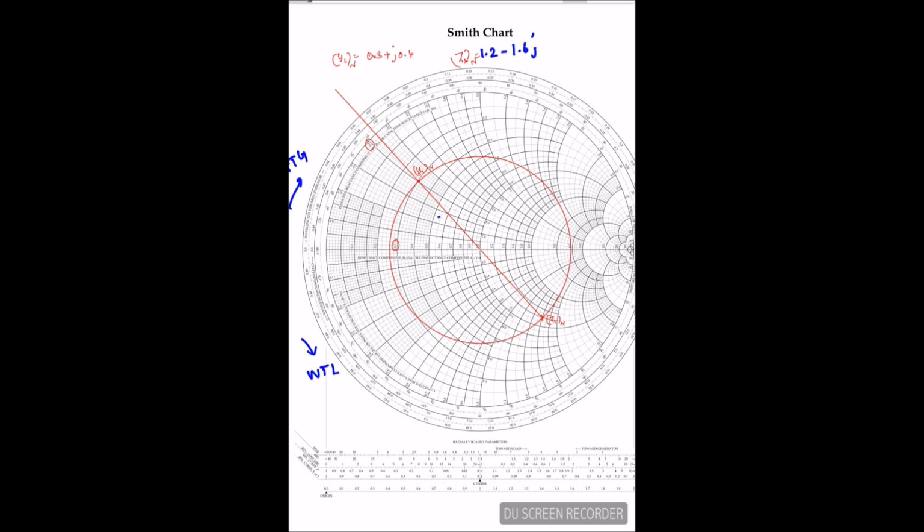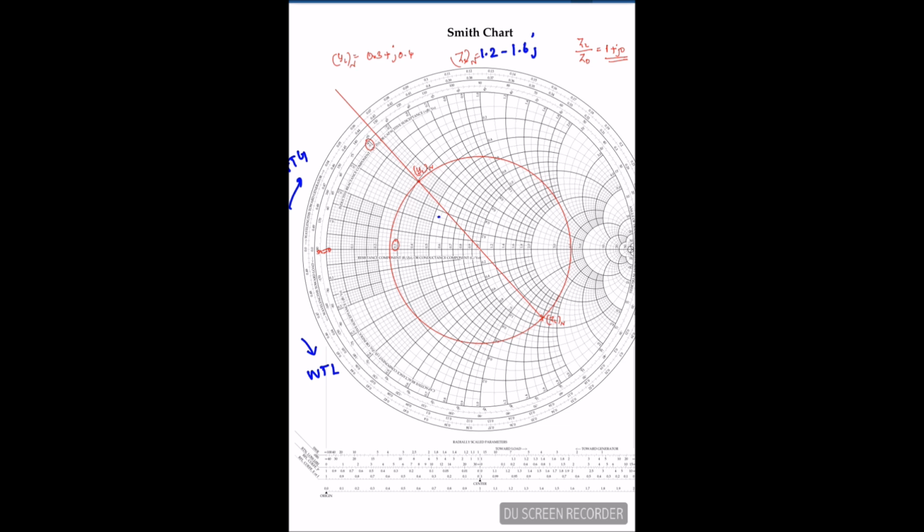You can verify that for any given Z0, if you take ZL by Z0, and ZL equals Z0, you always get the normalized impedance as 1, that is R is 1 and j becomes 0. So the reactance becomes 0, and the resistance becomes 1. This is X equal to 0. So the center point is the properly matched condition.